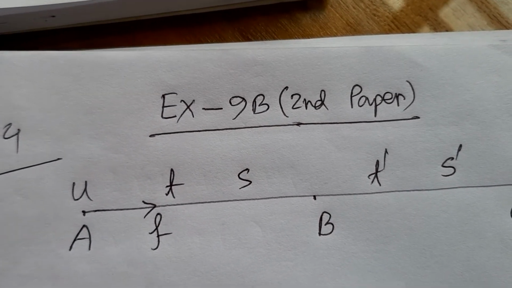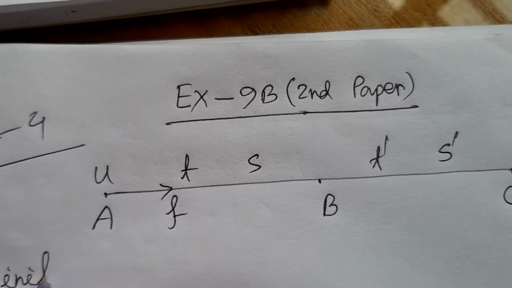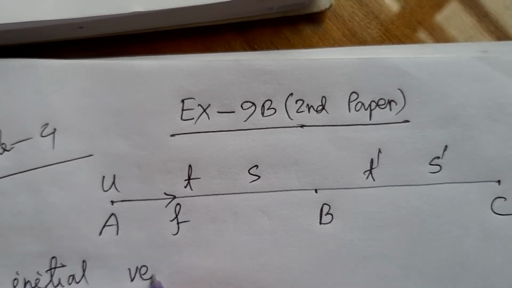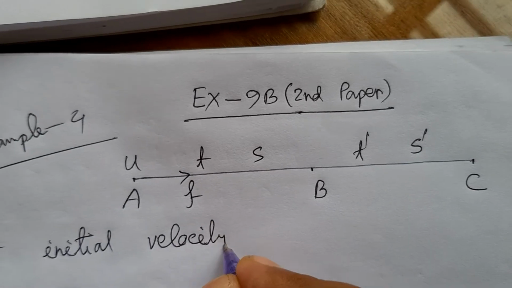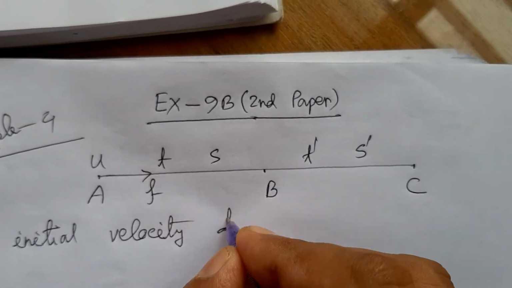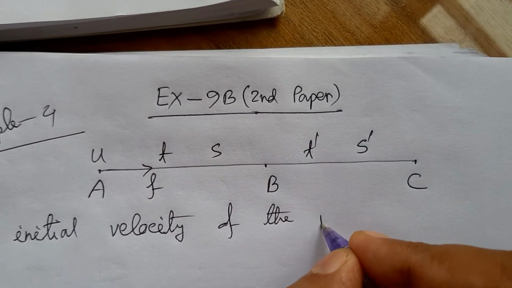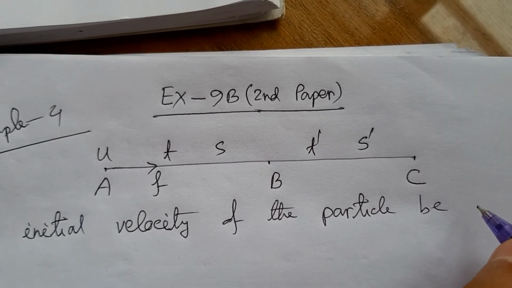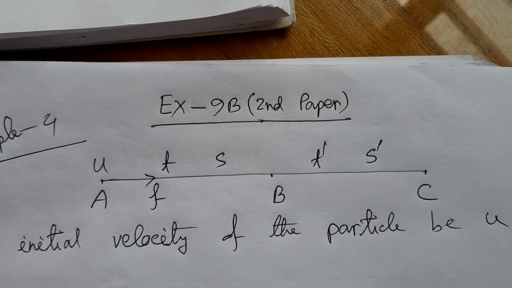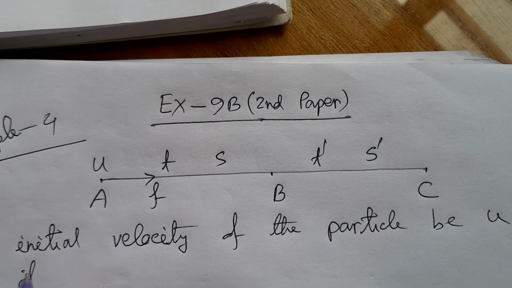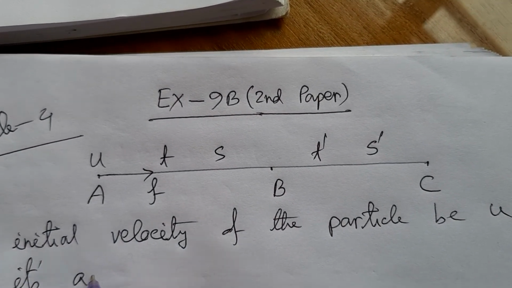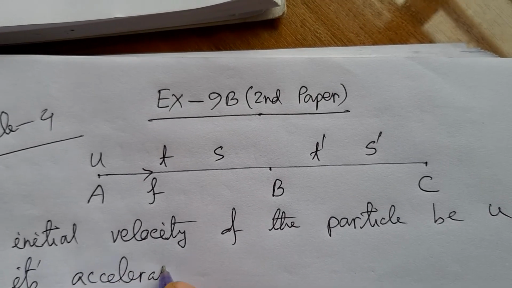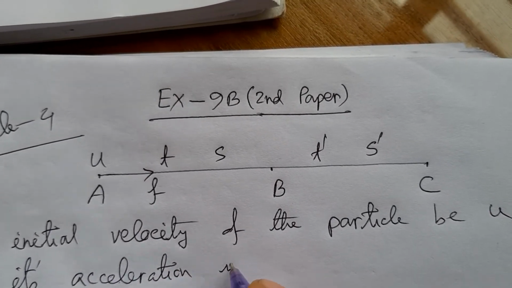Okay, at first we describe the figure. Let the initial velocity of the particle be u, and its acceleration is f.